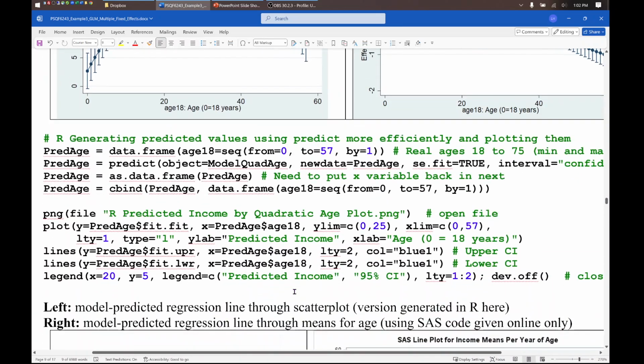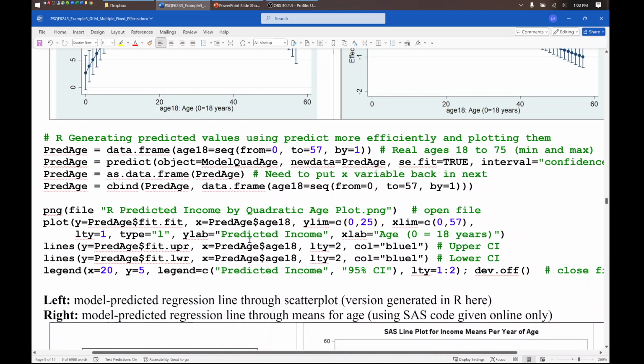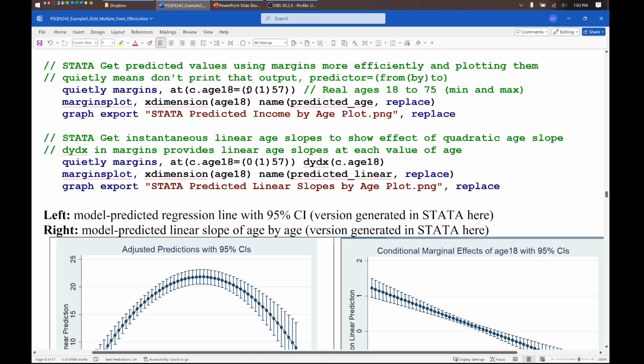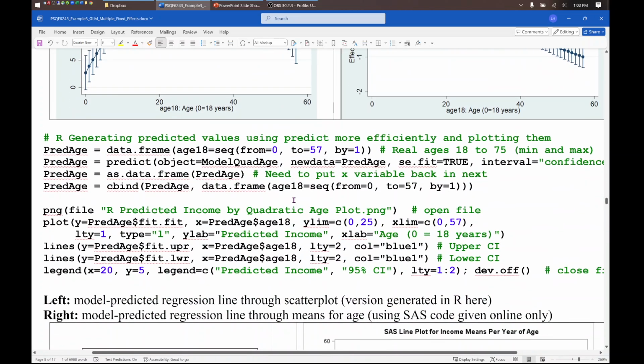To do this in R requires some more code, and I had to get some help with this in all fairness, just to be transparent. I'm doing this in a couple different steps here. So the first thing I'm doing is creating a new data set that has the ages that I want to plot. And analogous to what is happening in this code in Stata, just in a different order, I'm saying start at 0, go up to 57 in increments of 1.